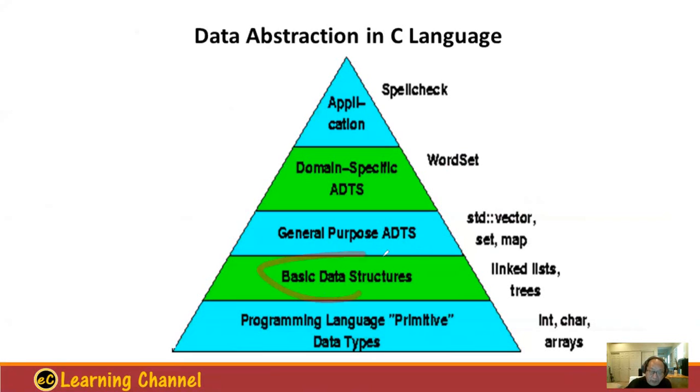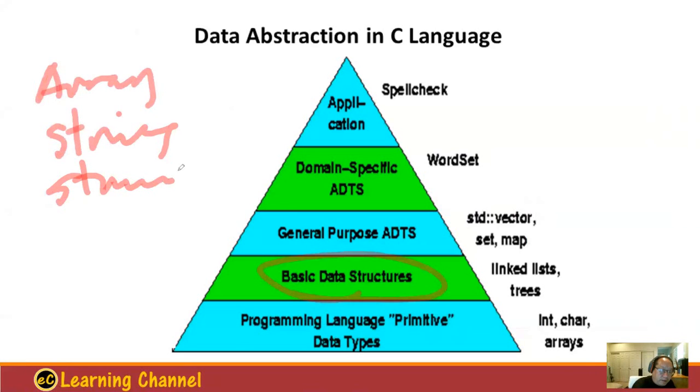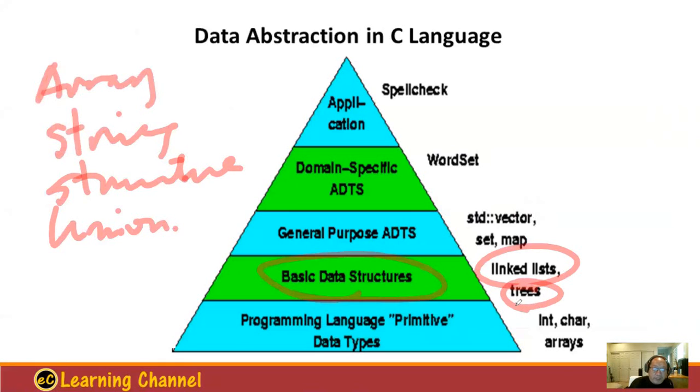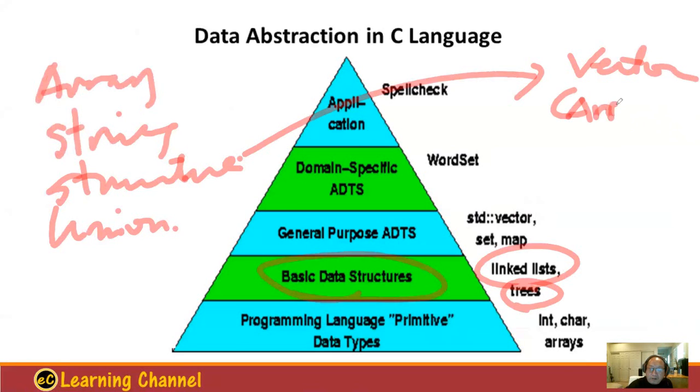So then we have the basic data structures. You have array, string, structure, union, right? Those are basic structures. And then using the structure and the pointer, you develop a linked list and tree. So basically those three things. From the basic structure, you develop vectors, or some people call it array list in Java.